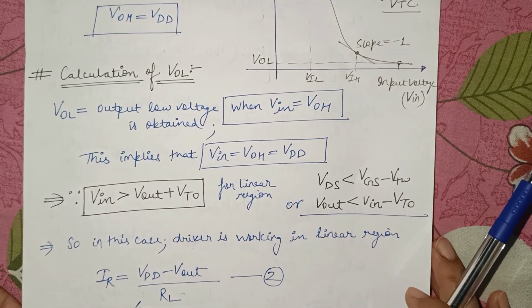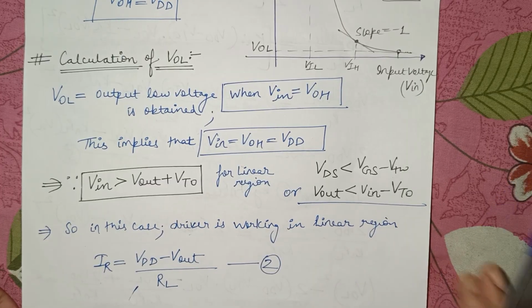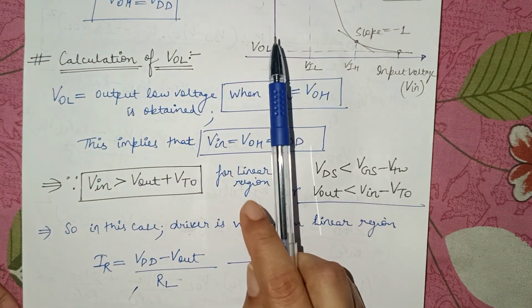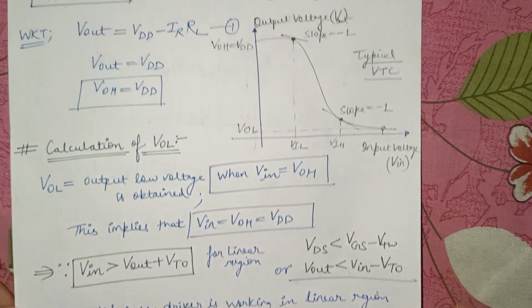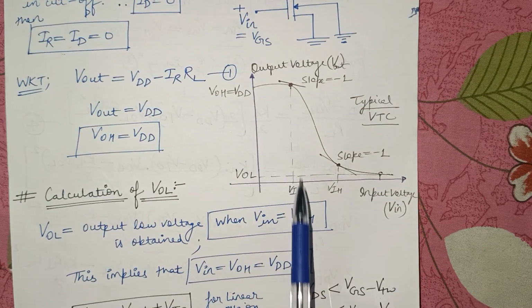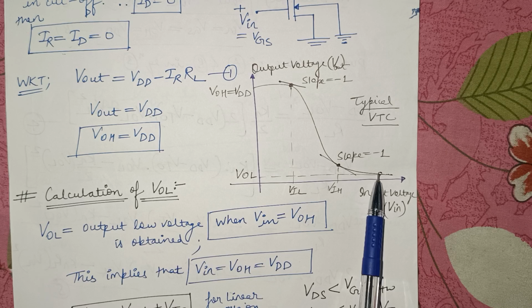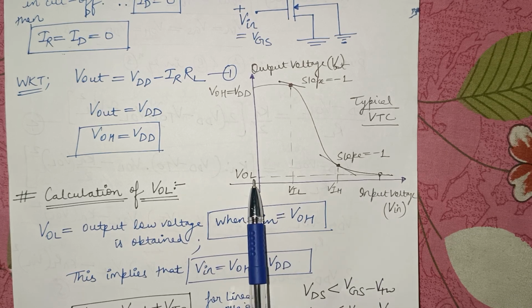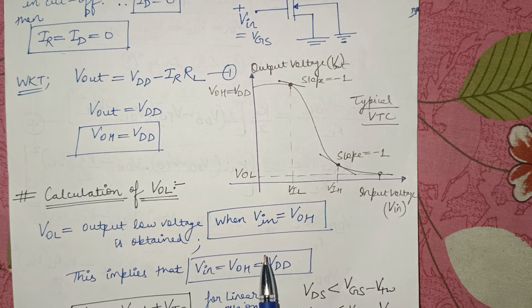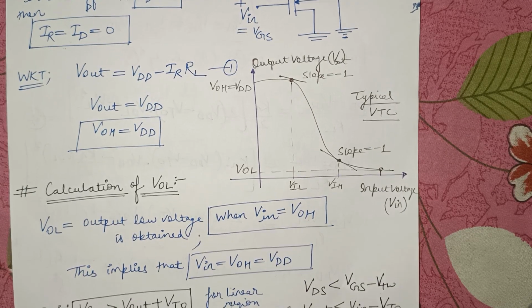First of all, it is important to know what VOL is. VOL is obtained in the VTC curve when our input is very high. You can see the VTC curve here. When the input is equal to VDD, we obtain this VOL. It is known as the output low voltage, when V input is equal to VOH, or V input is equal to VDD.